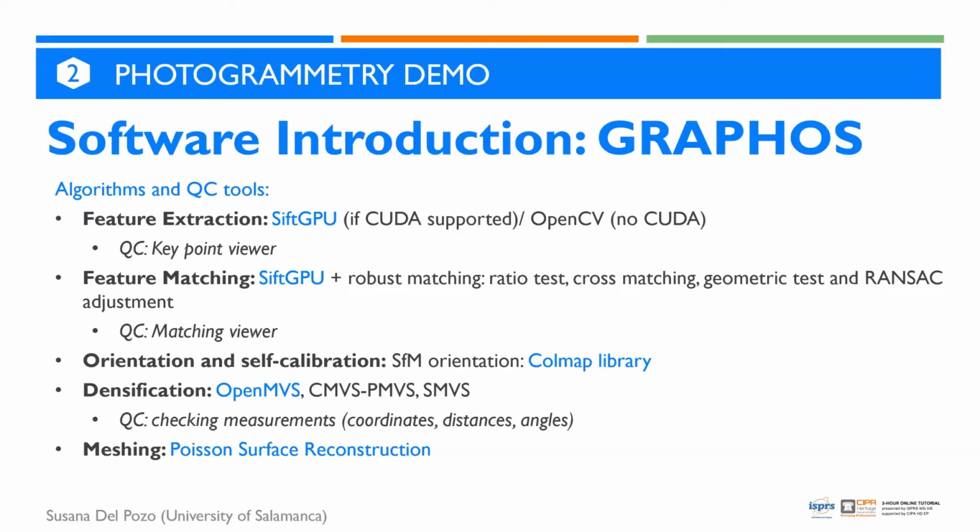We can select which one we want in each case, okay? And this process involves three stages: the distortion correction of the images, the calculation of the depth maps, and the fusion of these maps. And finally, for the meshing process, the Poisson surface reconstruction is implemented.